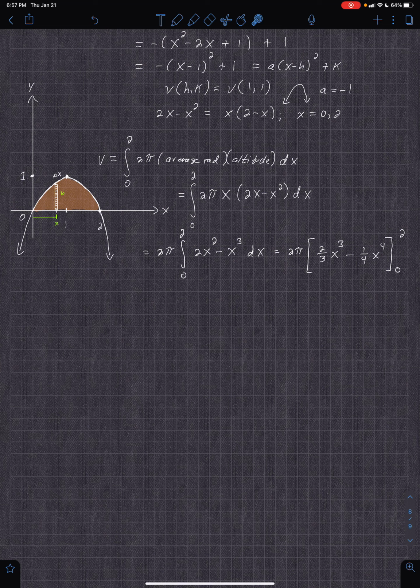And since it's a polynomial, 0 will zero everything out. So we're just substituting in 2. So this is equal to 2 pi times 2/3, and then that's 2 cubed. I know that's 8, but whatever. Minus 1/4, and then 2 to the 4th, and then I'll just say minus 0.